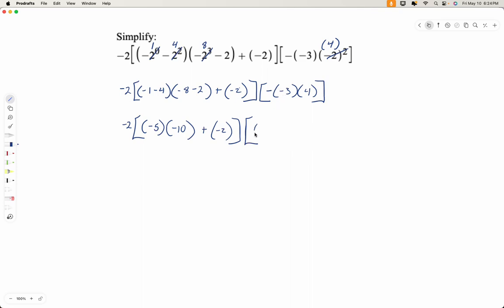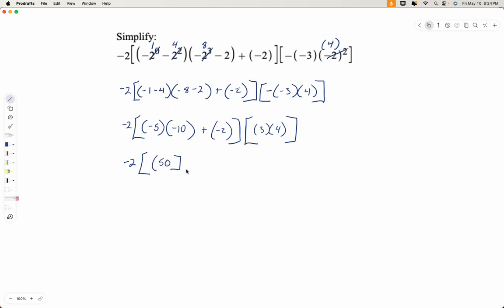That's going to be a +3 times 4. Okay. All right, so now we're going to do the multiplication that happens next. So -5 times -10, that's going to be 50.